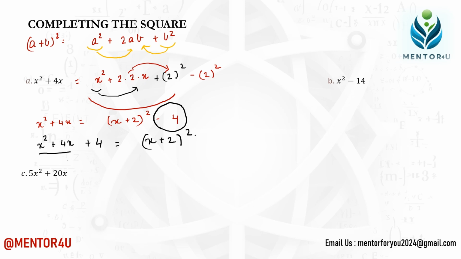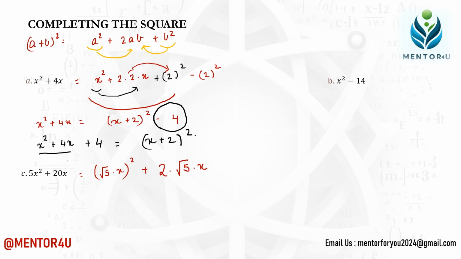Let's say we have 5x squared plus 20x, and if we try to break it as root 5 multiplied by x whole squared, and again we break that 20x as 2ab, which will be 2 multiplied by, we know that we have a here which is root 5 multiplied by x, right? And you tell me what we should multiply here to make it 20x.